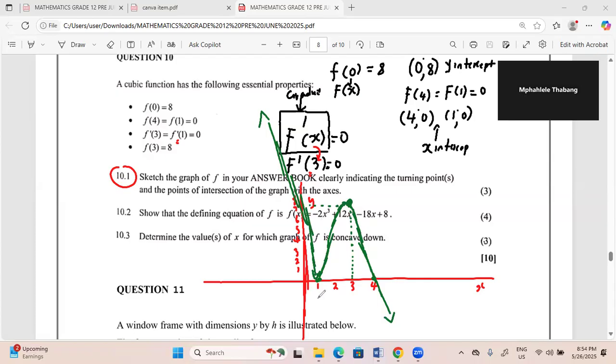The intercepts are 1 and 4, and when x is 3, f(3) equals 8, which is this point, (3, 8). And we also know that 3 is the x turning point, because they said f prime of 3 equals 0, so the gradient is 0 at 3. Okay, so this is our graph.